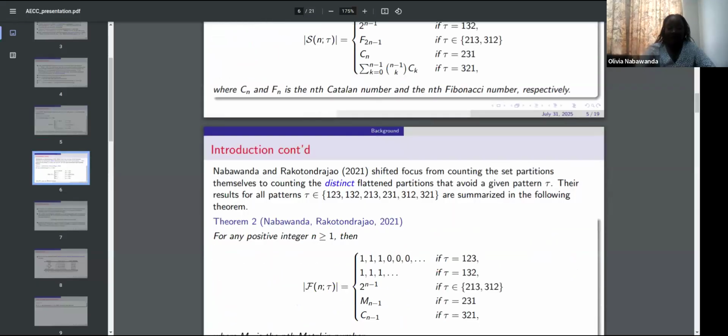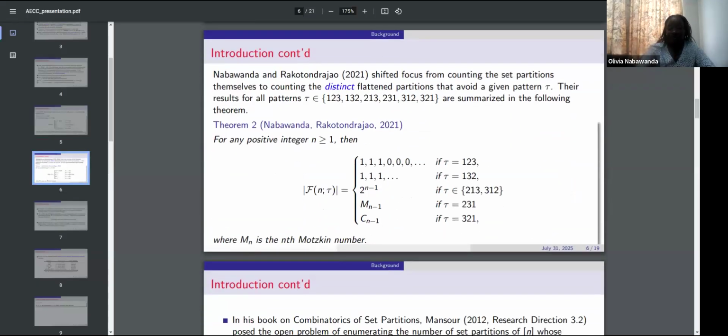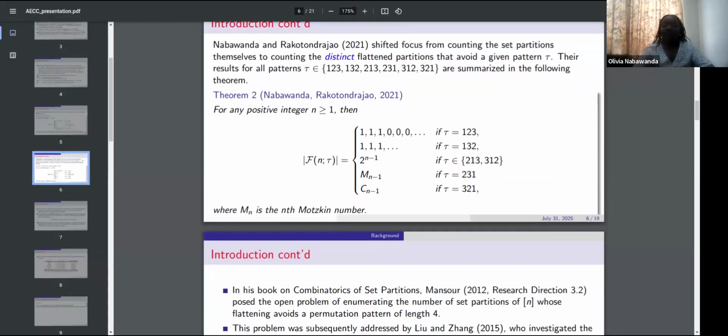And in my work with Raptondra Jao, we decided to focus on the distinct flattened partitions because we've already seen that this flattening operation is not injective. So we are interested in the distinct flattened partitions that avoid a pattern of length 3. And these were the results that we obtained.